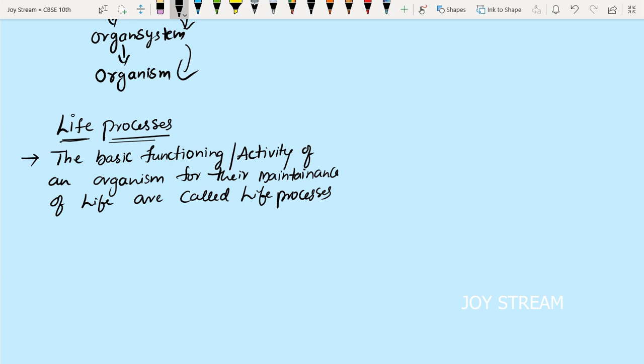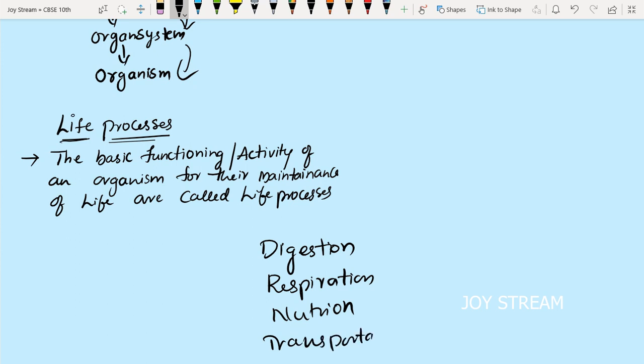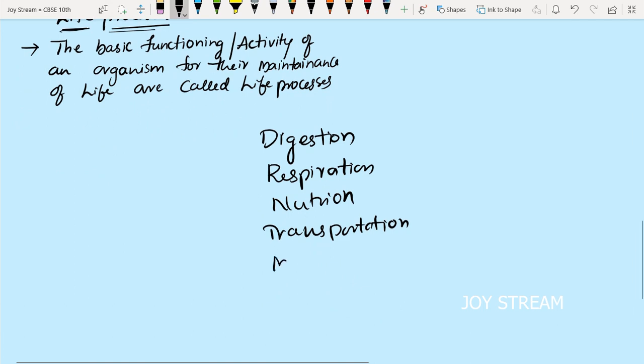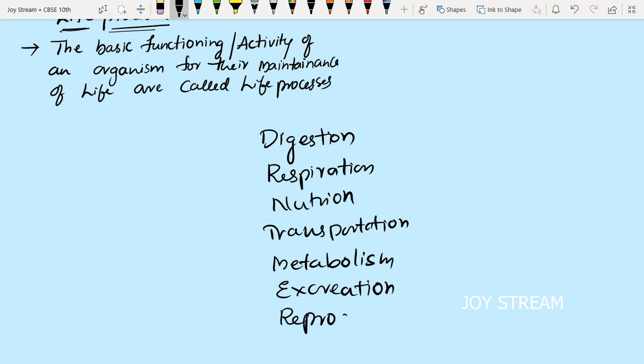So there are many processes which are undergoing in our body, like digestion, respiration, nutrition, transportation, metabolism, excretion, and reproduction. These are the processes which are undergoing inside a body.